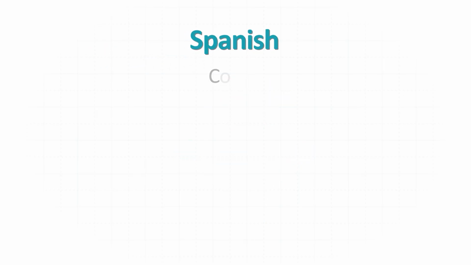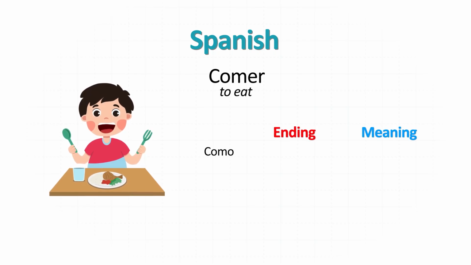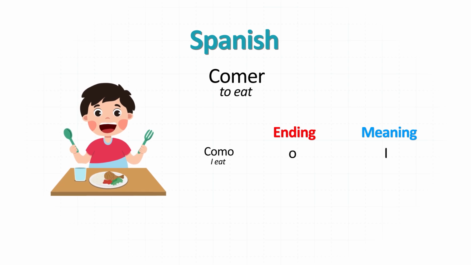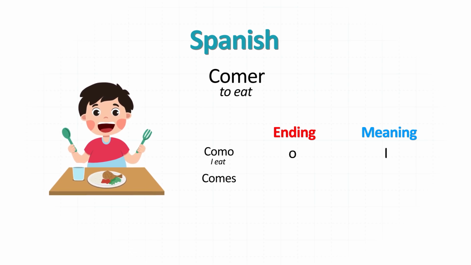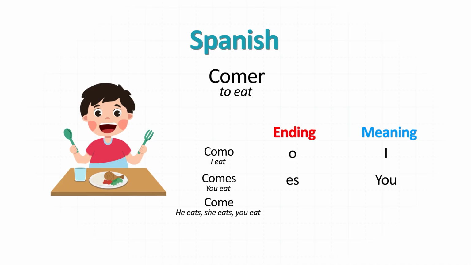Let's look at this with another verb, comer, which means to eat. Como means I eat. That O ending again. Comes means you eat. That ES ending. Come means he eats, she eats, or you eat formally.